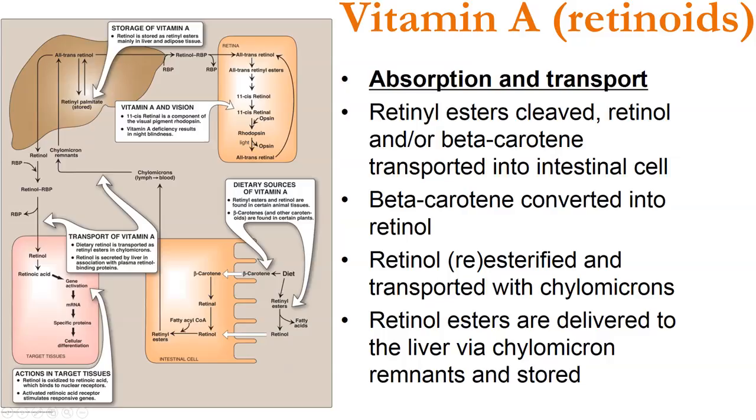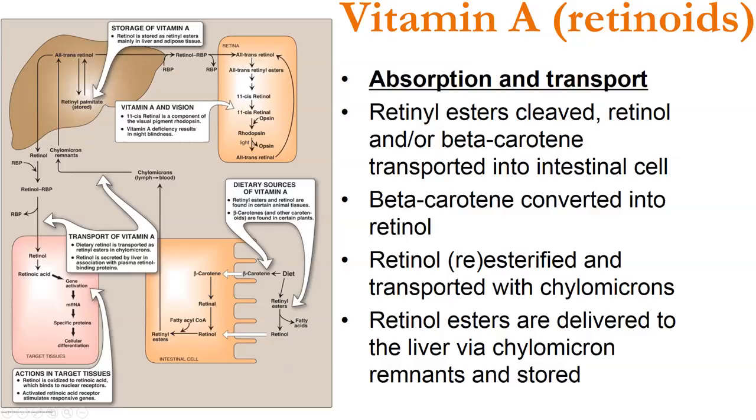Absorption and transport. One of the common themes you're going to see here is that we're talking about fat-soluble vitamins. They're not water-soluble, they're soluble in fat, so we're going to transport them with fat. That's kind of critical to understanding where you might see some of the deficiencies as well.